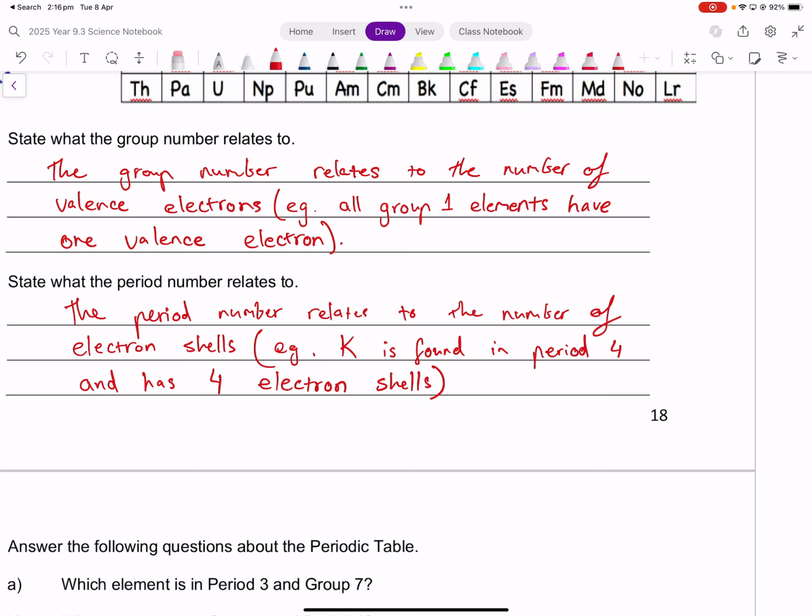Okay. So when we talk about the group number, it tells us how many electrons are found in that valence shell. When we talk about the period number, it tells us how many shells there are altogether.